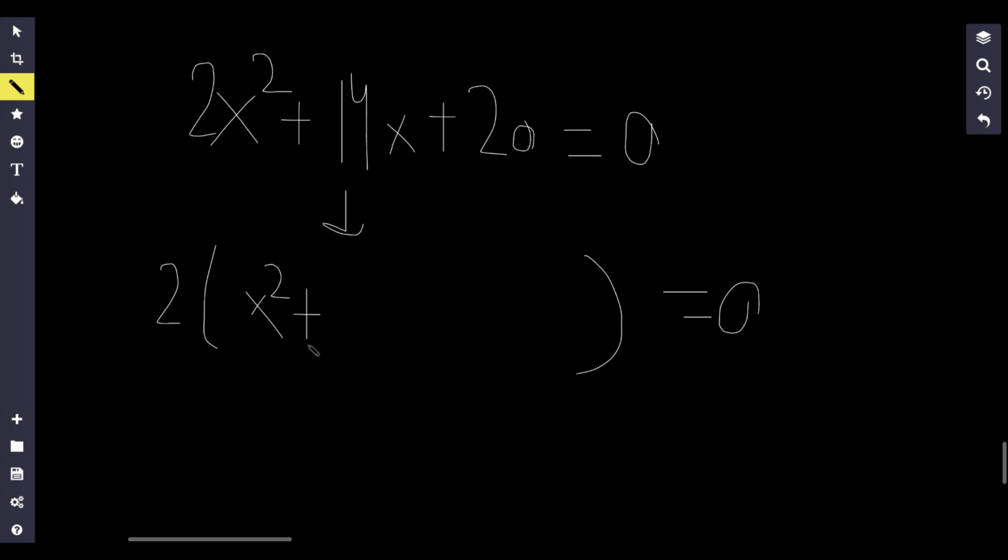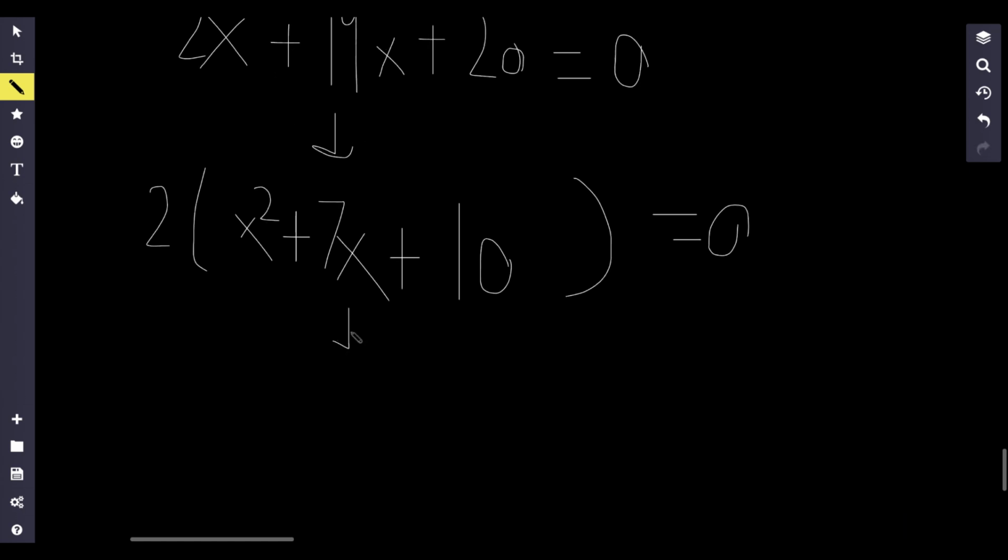If I take a 2 out of 14x, I'm just going to be left with 7x. If I take a 2 out of 20, I'm just going to be left with 10, right? So you can think about it as 2x squared divided by 2 is just x squared, 14x divided by 2 is 7x, 20 divided by 2 is 10, right? Because when you're doing the distributive property, remember that you have to multiply, so doing the reverse, you have to divide.